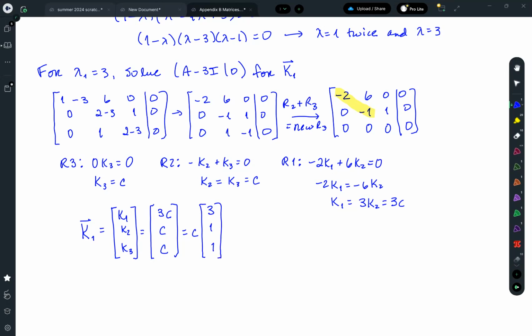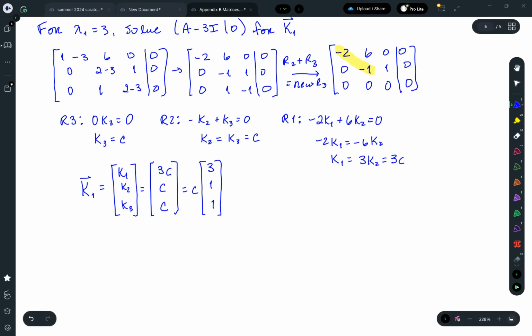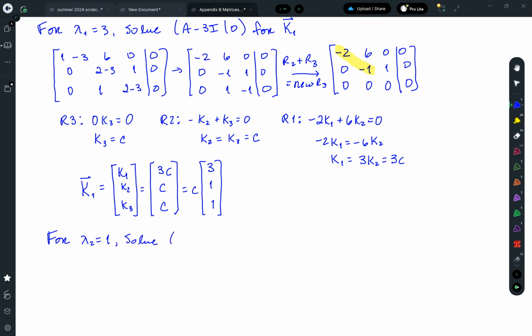Whatever the c is doesn't matter a whole lot, okay, because it could be anything. All right, next, for lambda 2 equal to 1, we're going to solve (A minus 1I)k set equal to 0 for k2, and we'll see what ends up happening.